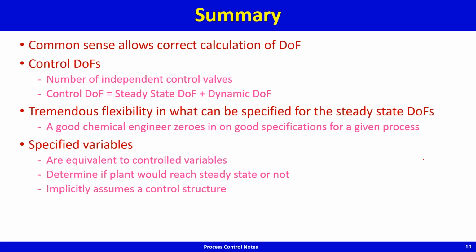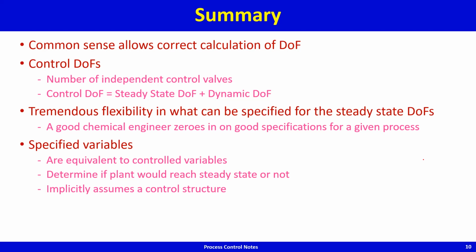I hope you also see that what is controlled determines whether the plant will reach steady state or not. In the A plus B goes to C process, we did see that the stoichiometric imbalance prevents the plant from going to steady state unless you put in a composition controller on the reactor or a composition ratio controller in the reactor.